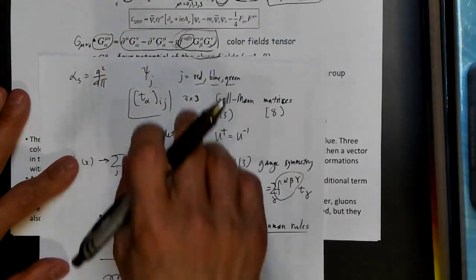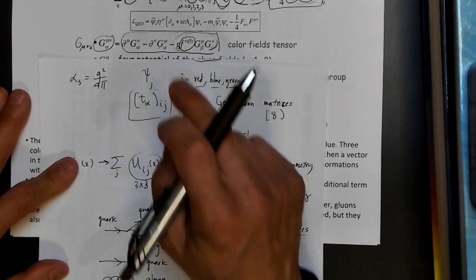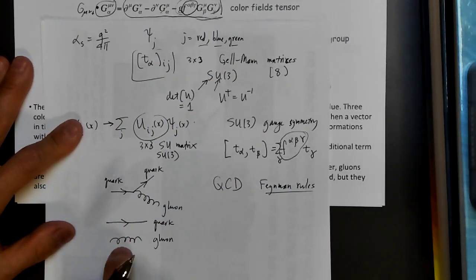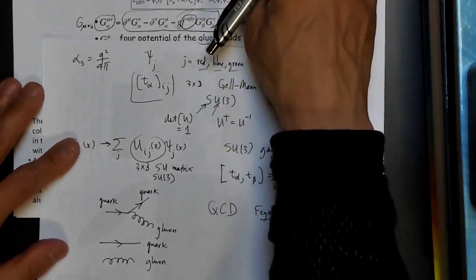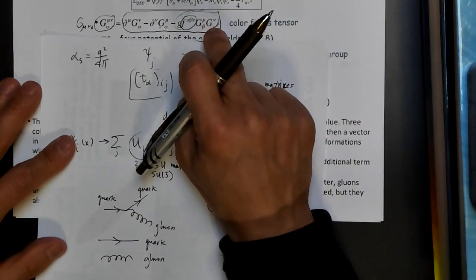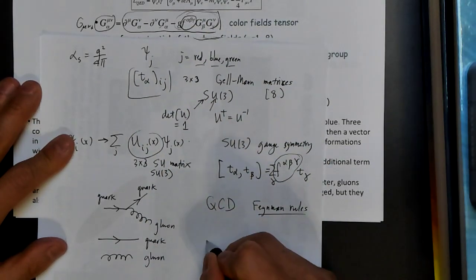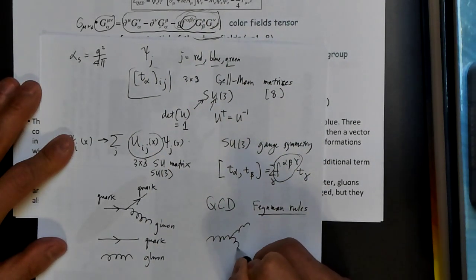I will get terms that are quadratic in G, so that's what's expressed here, quadratic terms in G, two ends to the line if you want. But then I'll also have terms that are cubic in G and quartic in G. So that will give these couplings as well.